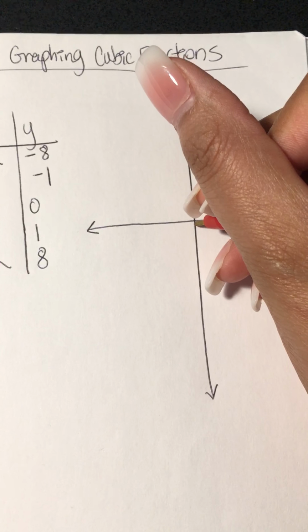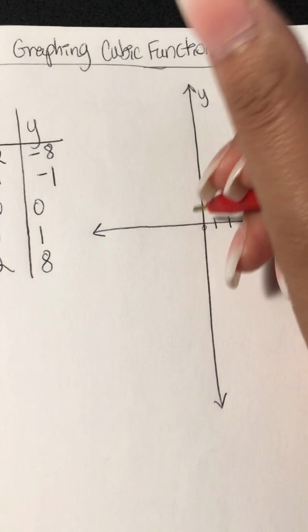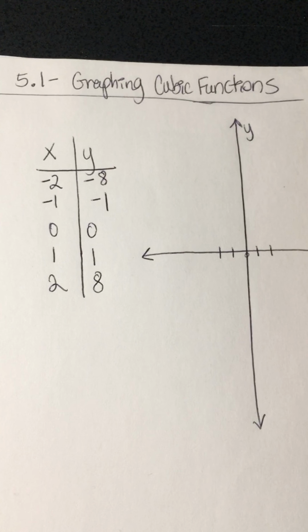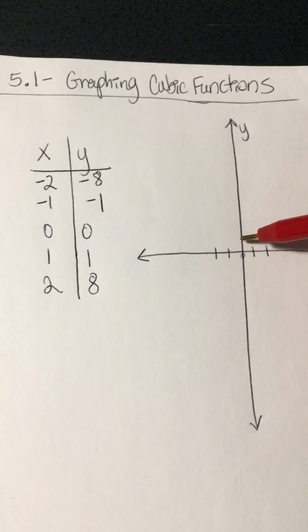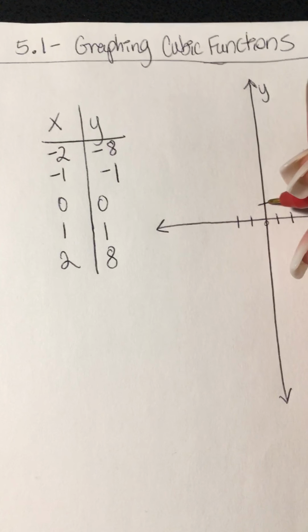Make sure your tick marks are equally spaced apart. 0 is always in the middle. 1, 2 to the right, 1, 2 to the left, and my lowest y value is -8, highest y value is +8, so I'm going to count up 8 and down 8. Hopefully it fits.